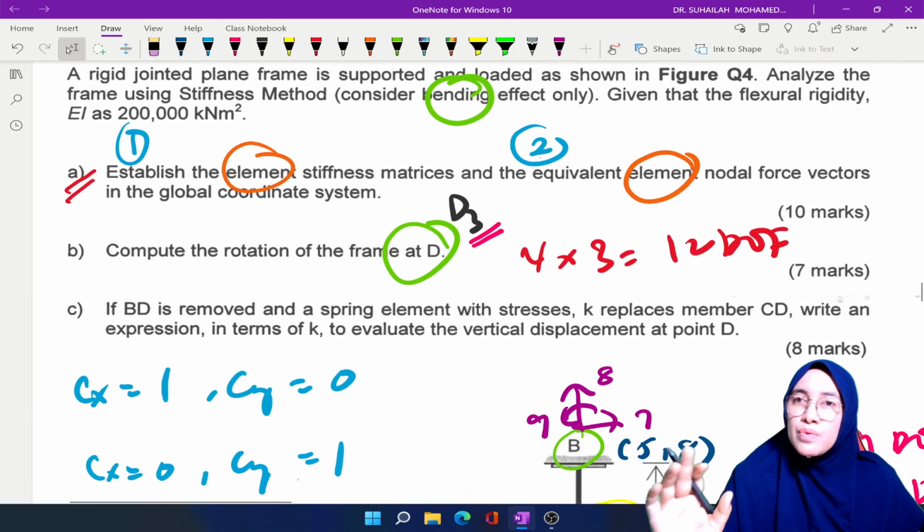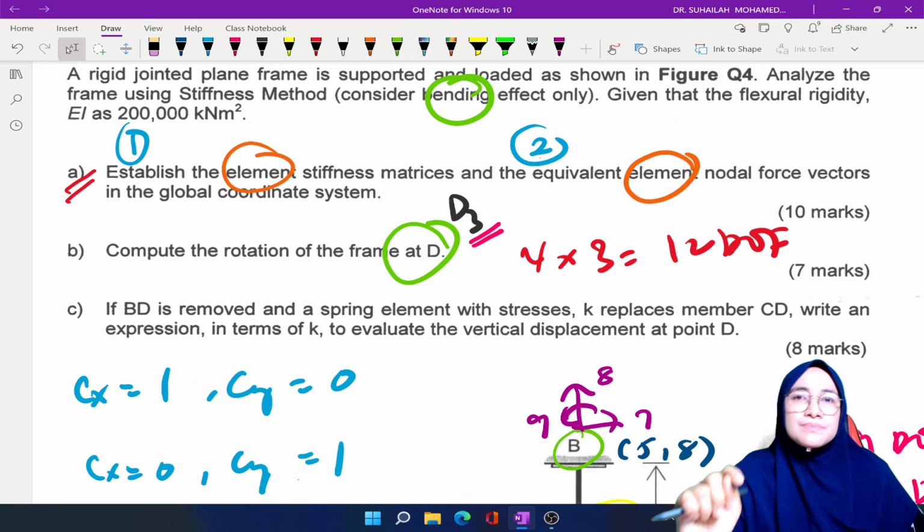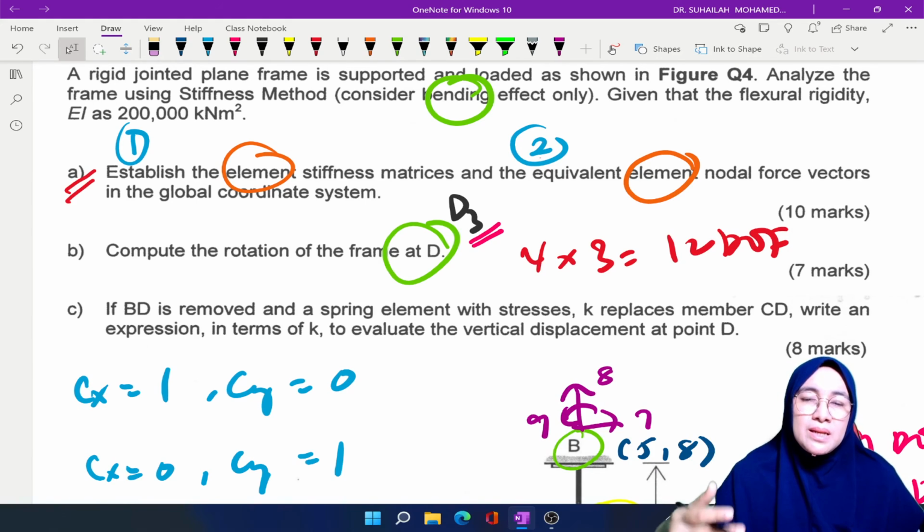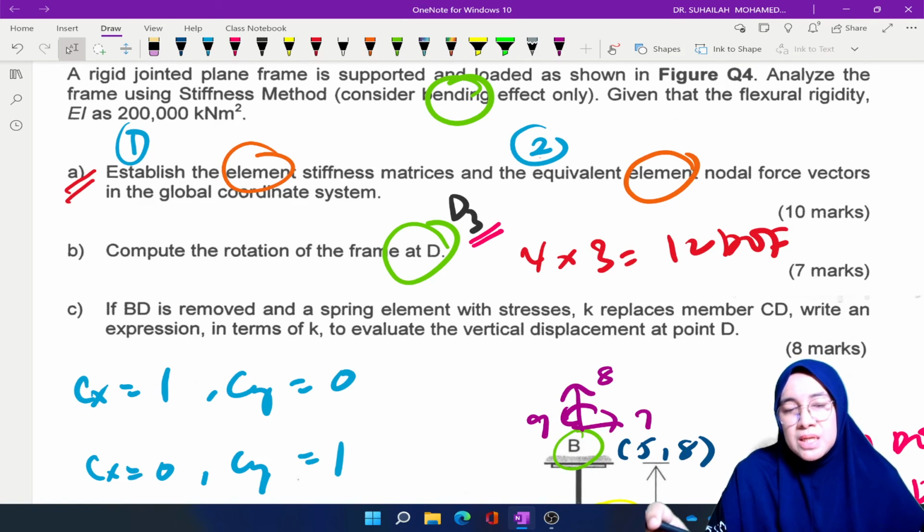Okay, and then we need to understand the question. Whenever the question asks us to give the full structure stiffness matrix, like what we have here, we just need to have up to 3 degrees of freedom, because there are 3 degrees of freedom in the unconstrained system, and in the unconstrained system we have unknown displacements.